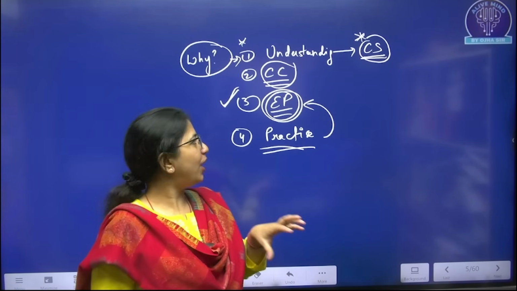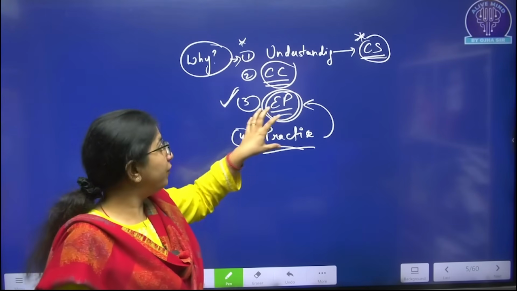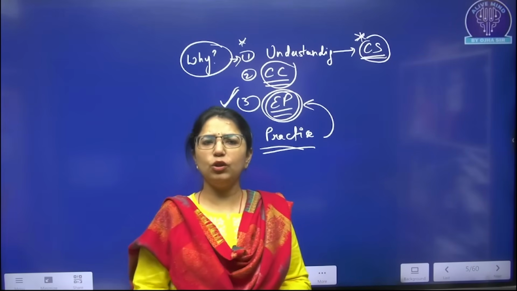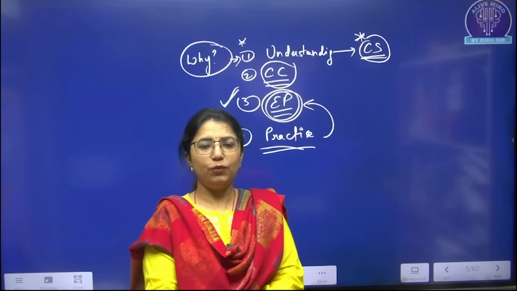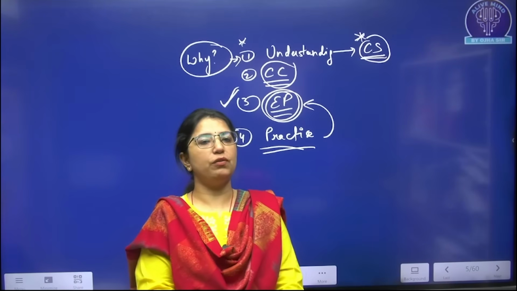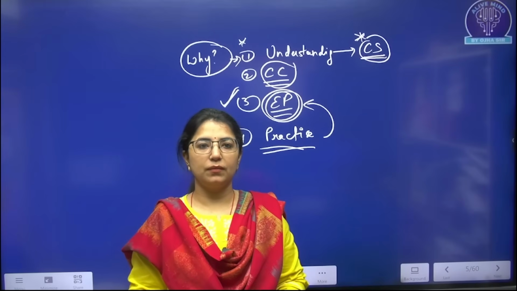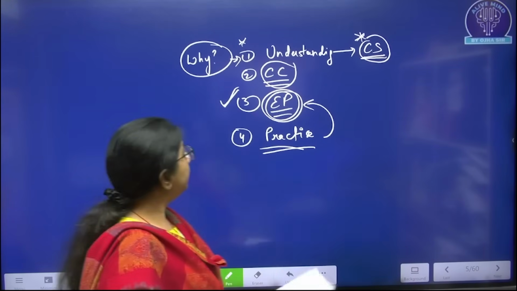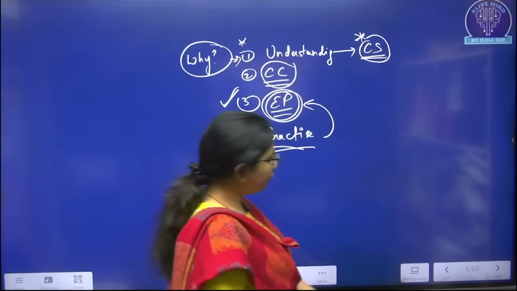I'll show you how to develop this in all the papers daily, and what you have to do is apply them while solving the questions. So this is how this test series will help you.